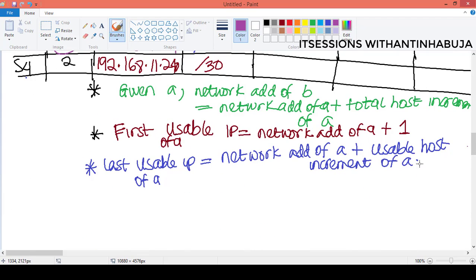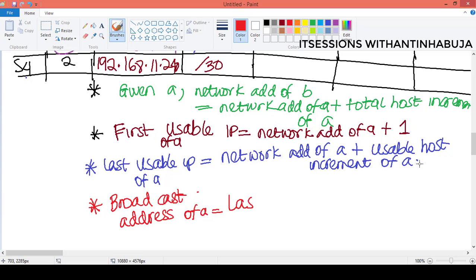So that's the next formula: broadcast address of A will then be last usable IP address of A plus 1.